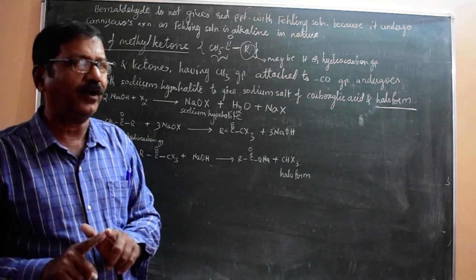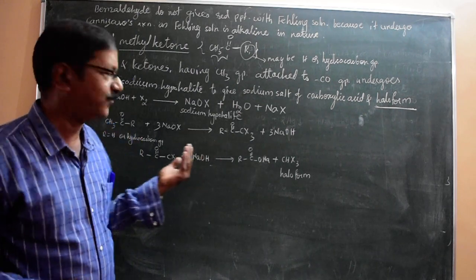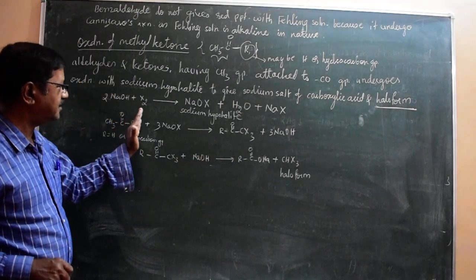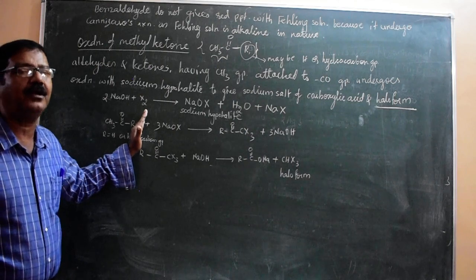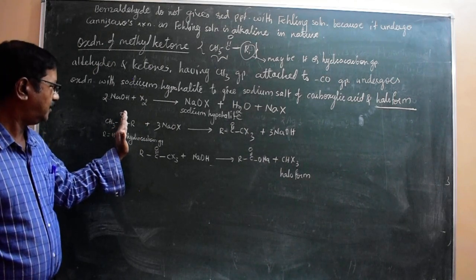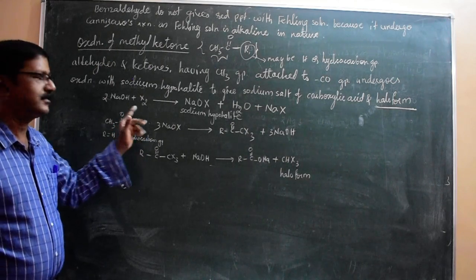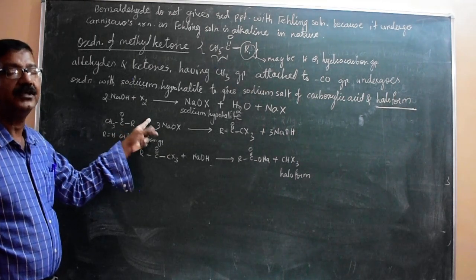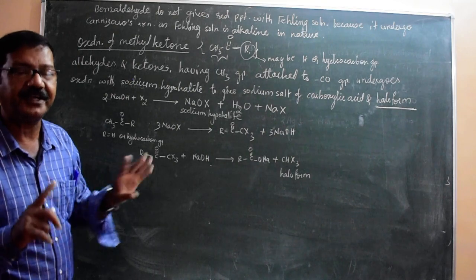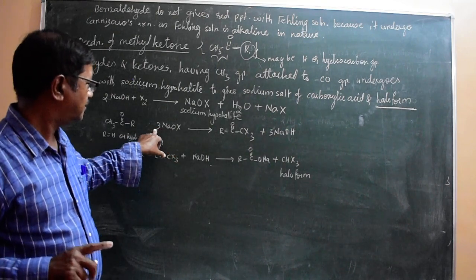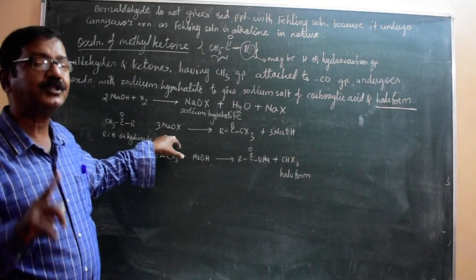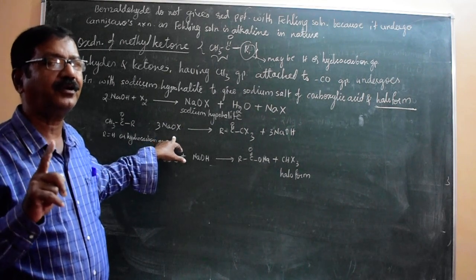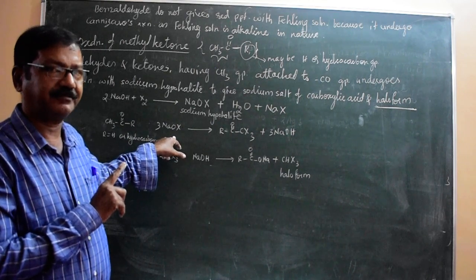And one more point is that suppose the R contains an unsaturated group, a carbon-carbon double bond, for example CH2 CH double bond CH2. Then the double bond is not affected by the sodium hypohalide. This point is also important from the point of view of competitive examination.